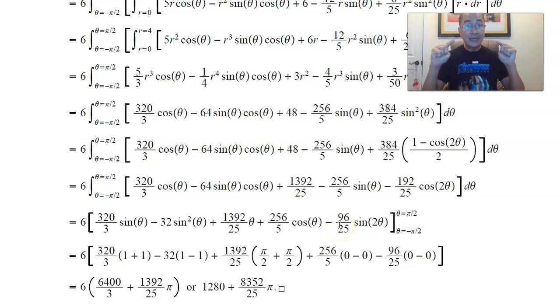Now we have to be really careful about plugging in negative pi over 2 and pi over 2. For that, I use my technique of doing it term by term in pairs instead of doing pi over 2 by itself, minus pi over 2 by itself, then subtracting. When you're dealing with several terms like this, I prefer that style.